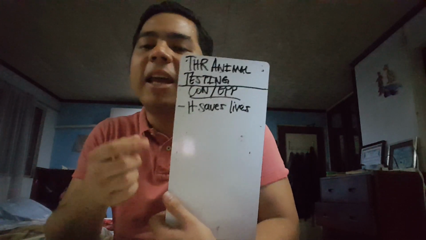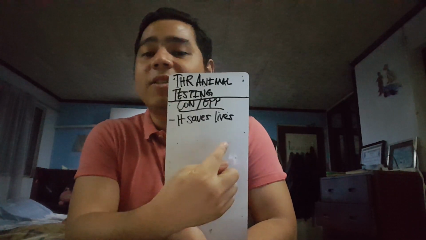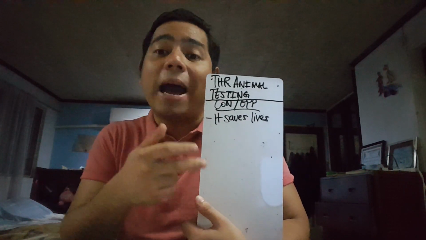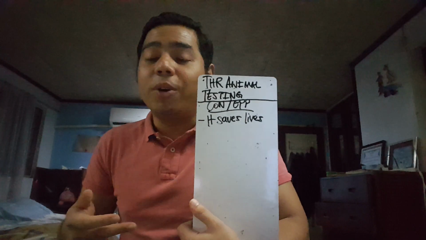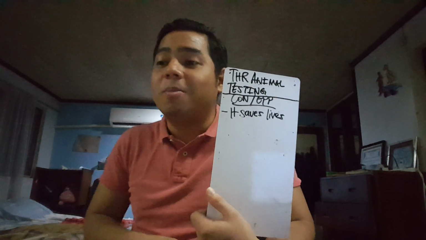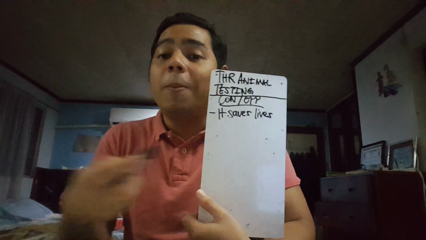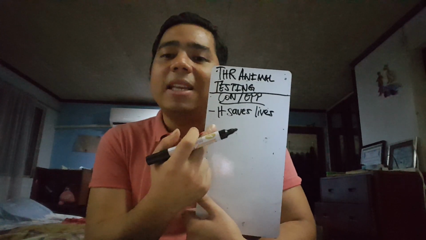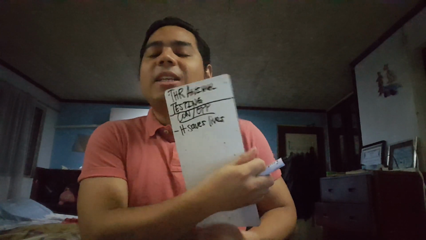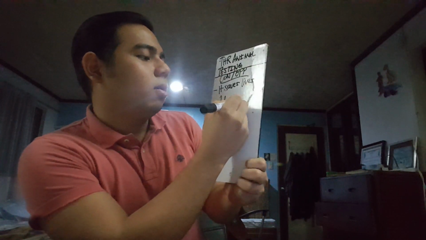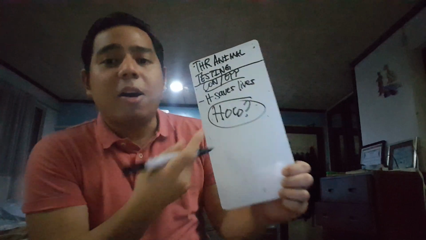If you were Con and you had the opinion that it saves lives, what types of questions would you ask, how would you answer them, and what evidence would you put there? Also share with me what the next lesson is that you'd like to learn. But I'll give you a head start. If I say it saves lives, maybe the next question you could answer is the question of how. How does animal testing save lives?